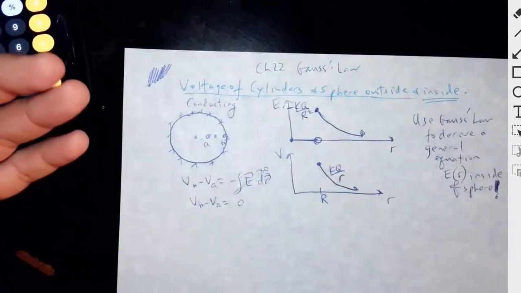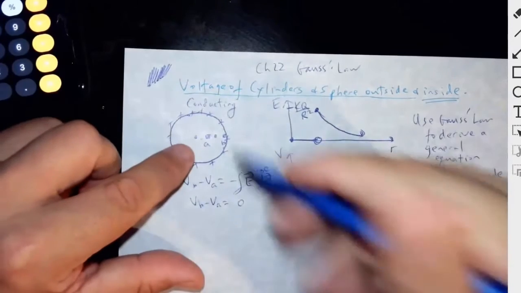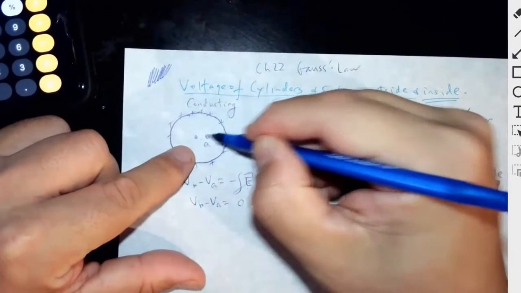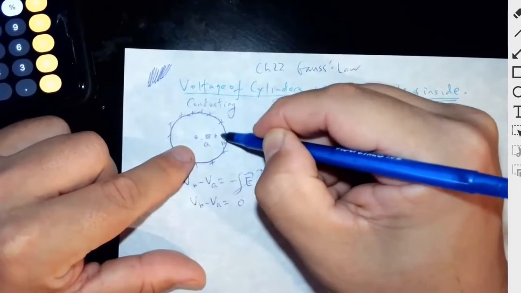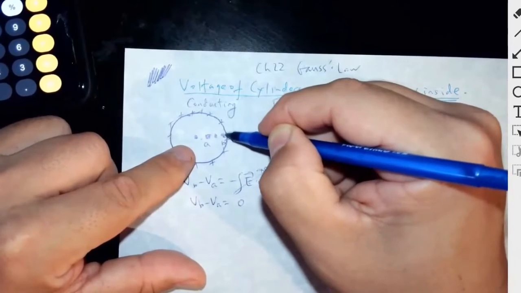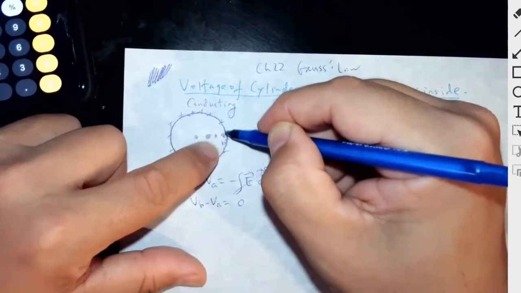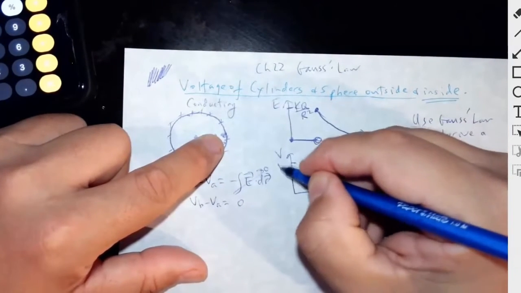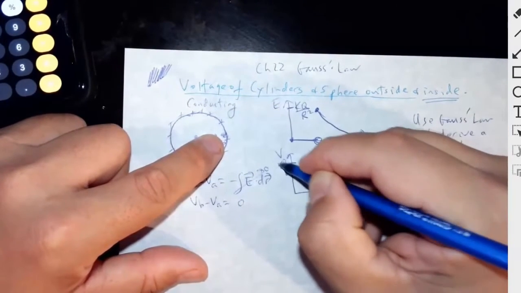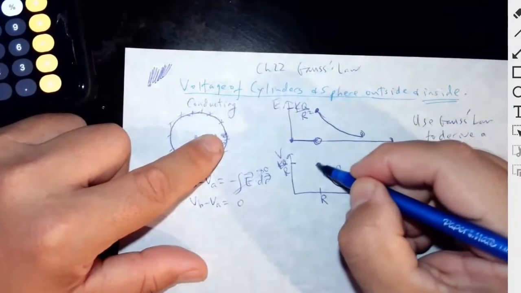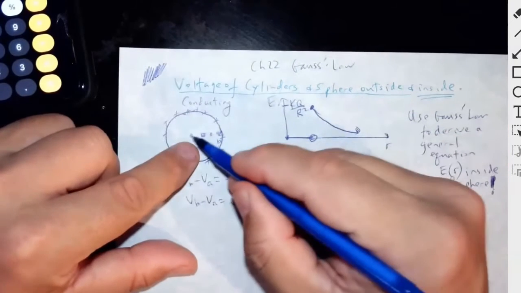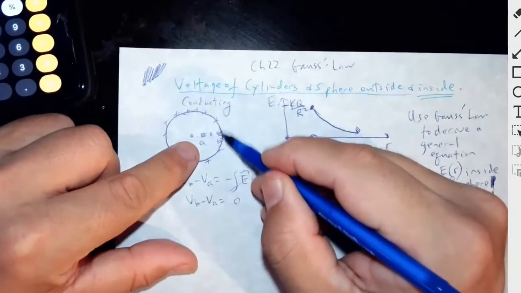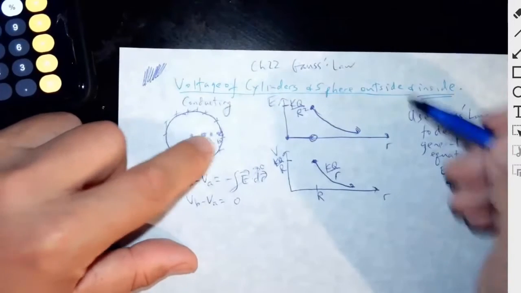Here's the argument I'm going to make. If this is the same as this, which is the same as this, which is the same as right before I get to the surface, that's kq over R. So all of the voltages must equal whatever the voltage is at the surface.